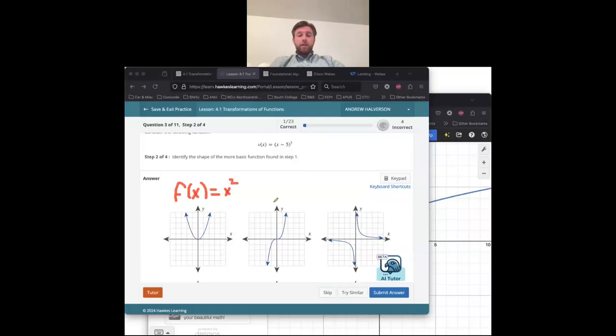This one here is the cubic function, and that one corresponds to f of x equals x to the third power. And this one here, you may or may not remember, but this is what we call a hyperbola. The name doesn't matter. But this corresponds to f of x equals 1 over x. It's a rational expression.